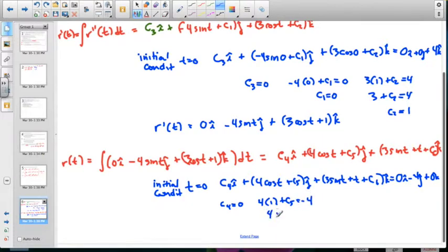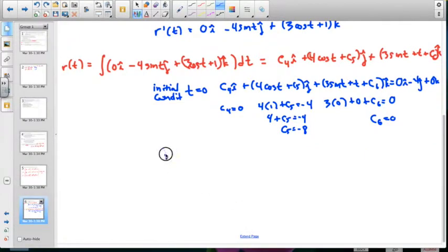So that's 4 plus C5 equals negative 4. Bring this over to the other side, C5 must be negative 8. And then evaluating this at t equals 0, sine of 0 is 0, so we have 3 times 0. t is also 0, so plus 0 plus C6. And all that's got to add up to 0 for initial conditions, so C6 equals 0.